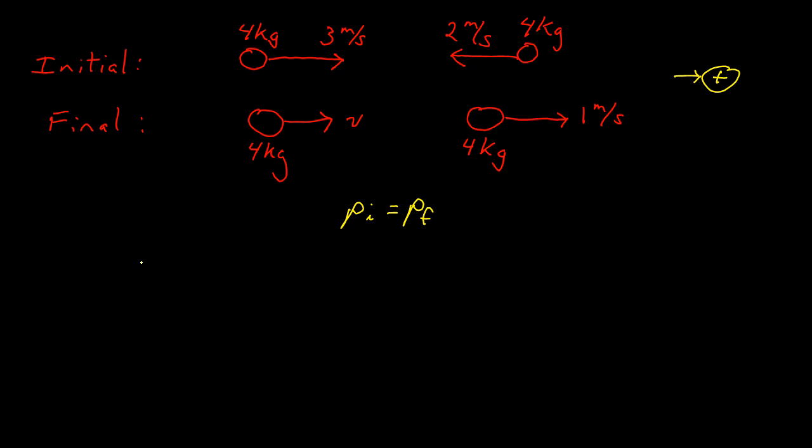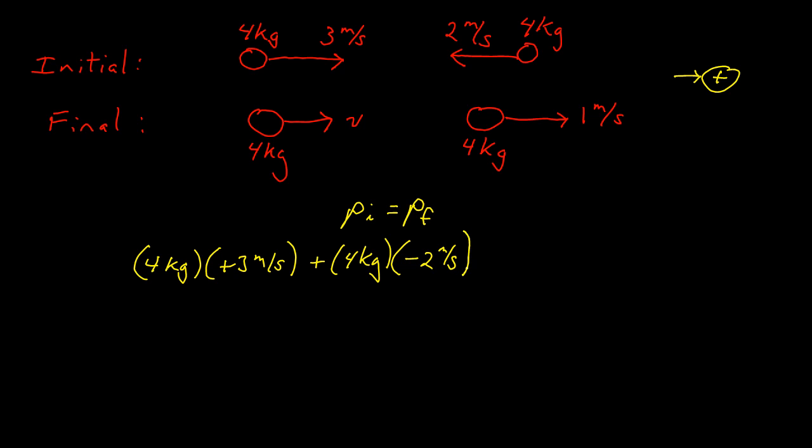In my initial configuration, I got 4 kilograms times positive 3 meters per second. It's positive because the vector is pointing to the right, the positive direction. Then I have plus 4 kilograms, and its velocity is minus 2 meters per second. Minus because it's pointing to the left, the negative direction.